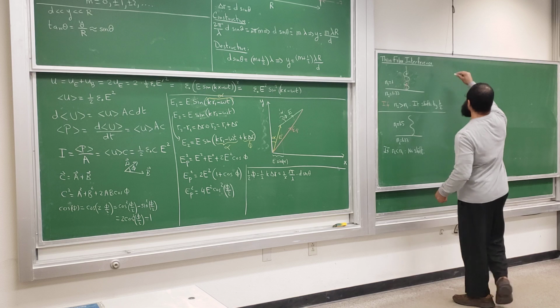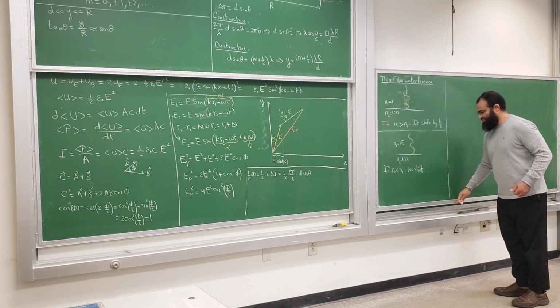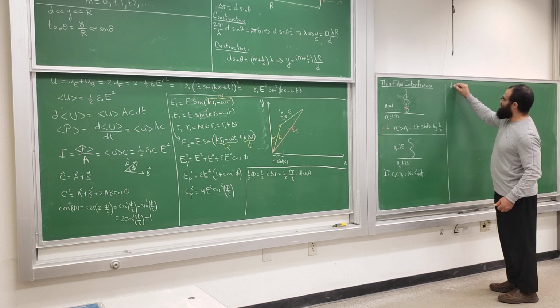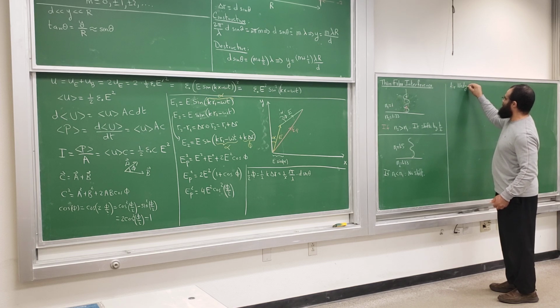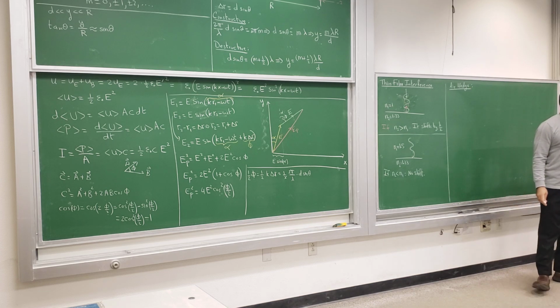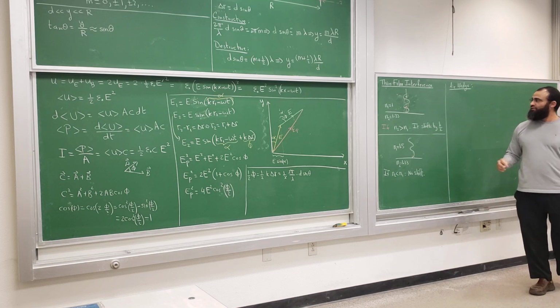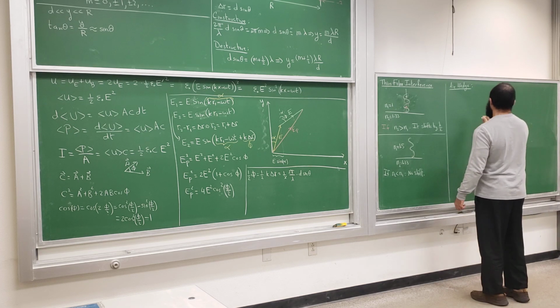So the first one is going to be what's called an air wedge. And we're going to send just light of one color, of one wavelength for now.